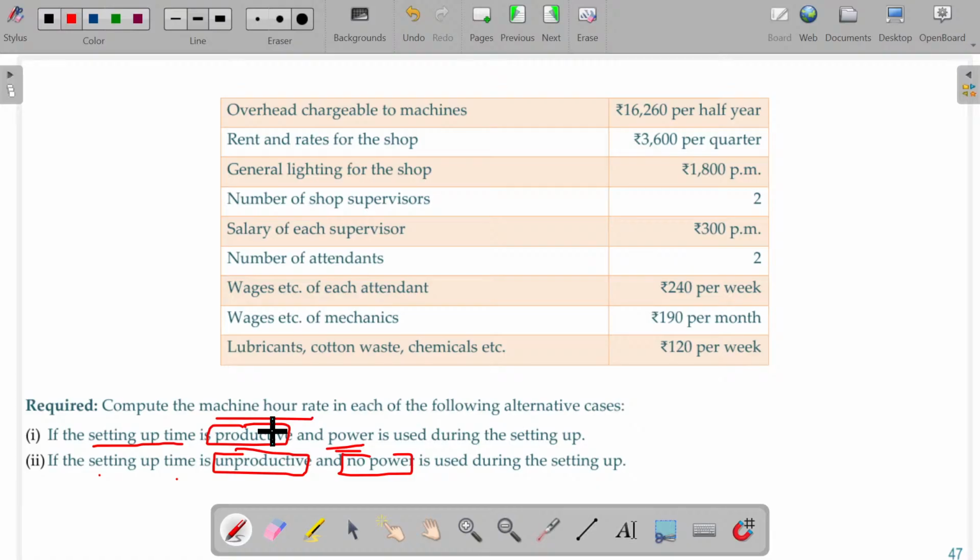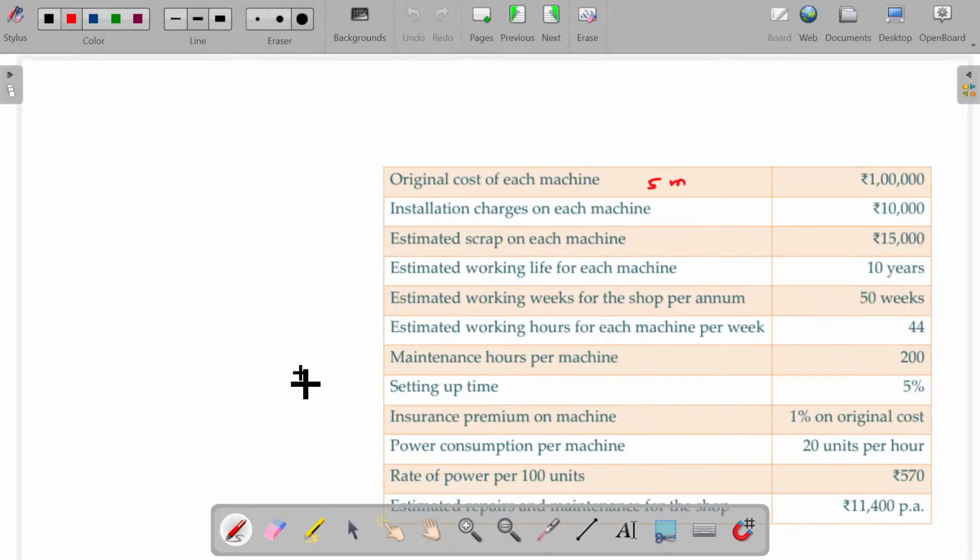We'll now try to solve this illustration. Original cost of the machine. Installation charges should form part of this cost. Estimated scrap value is this one. Estimated working life of the machine is 10 years.